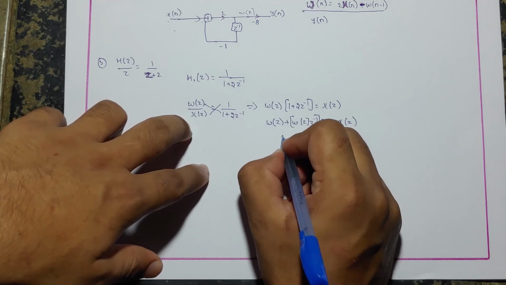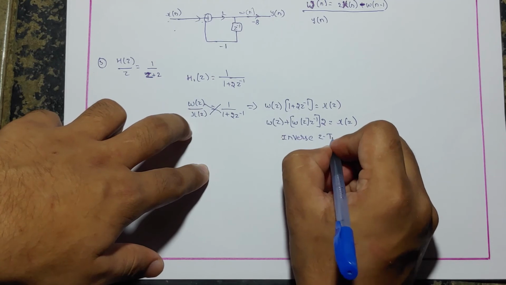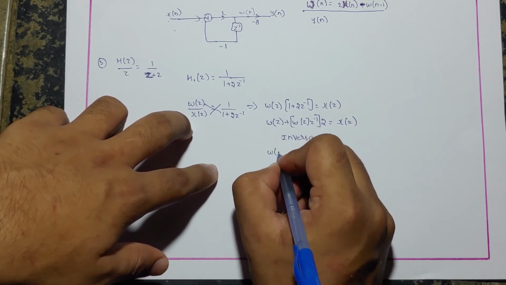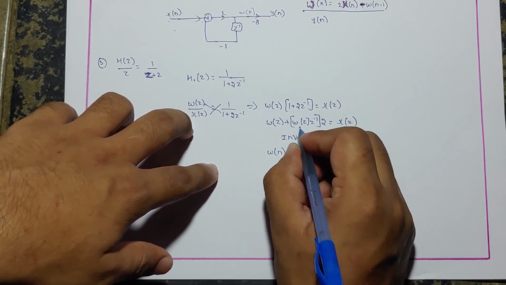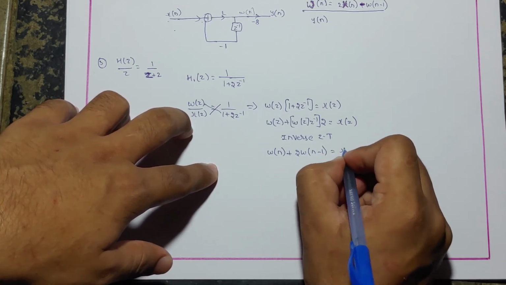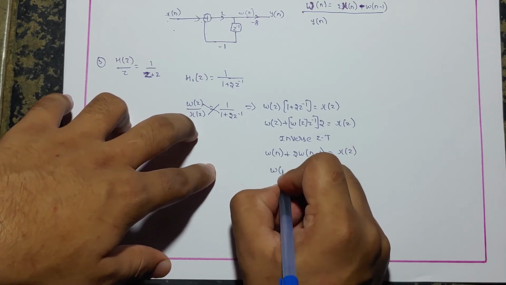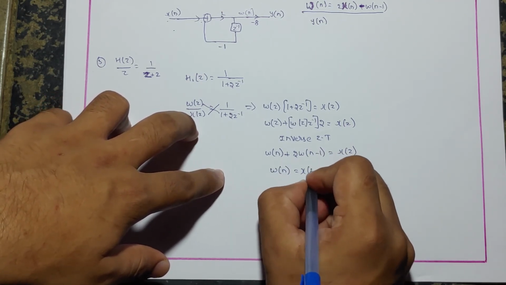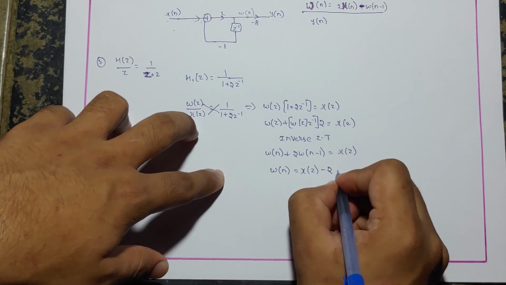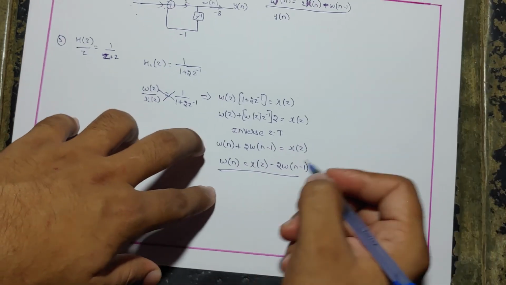Now let us inverse z transform. Apply inverse z transform. That is w[n] plus 2w[n-1] is equal to x[n]. Now we need an output of w[n]. So x[n] minus 2w[n-1] would be the result. Let us realize it.